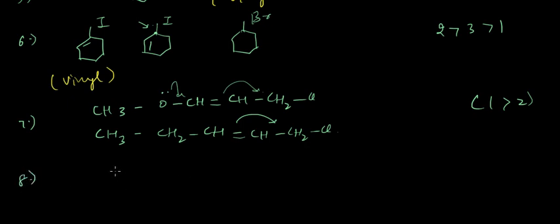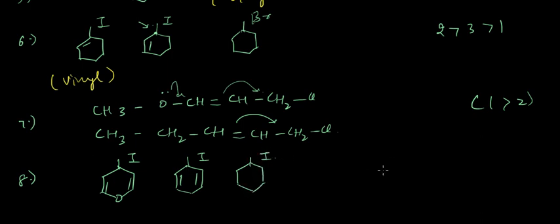We have this one and this one, and obviously a simple cyclohexane ring with the iodine attached on it. Okay, so what would be the rate? Obviously 1, 2, 3. Why? Because we have a lone pair of oxygen here. It will be getting involved in the resonance with the positive charge formed in this carbocation.